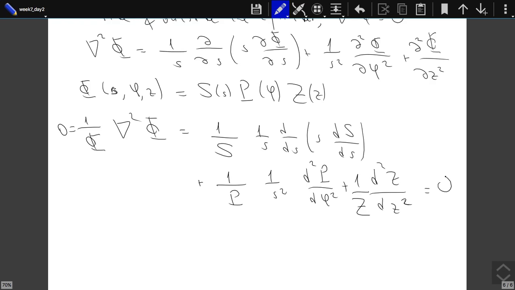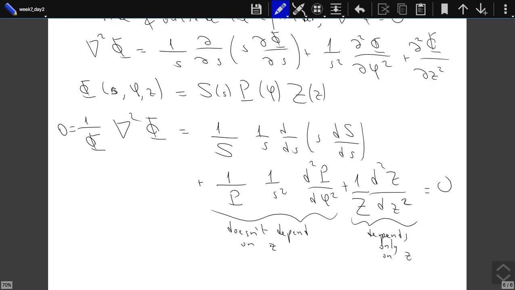Now let's go part by part. This part depends only on z. The other part doesn't depend on z. But this equation should be satisfied for all possible values of z. That basically means that the part that can depend on z should be independent of z.